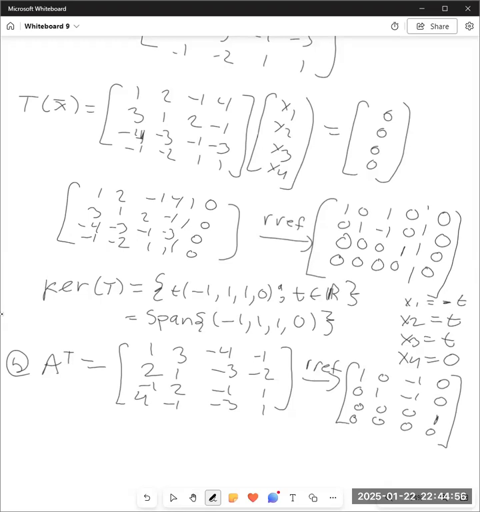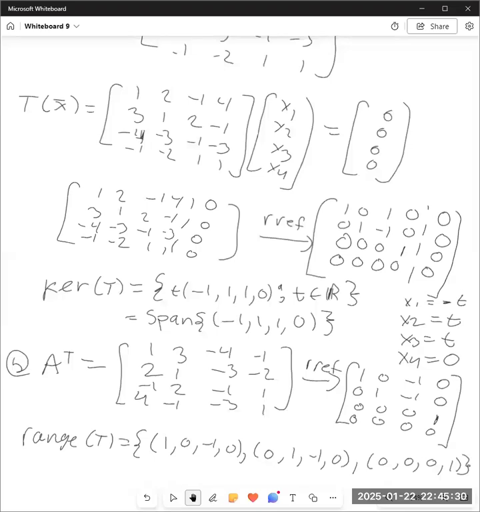So the range of T is the set of these row vectors (1, 0, -1, 0), (0, 1, -1, 0), and (0, 0, 0, 1), and ignore that row of zeros.